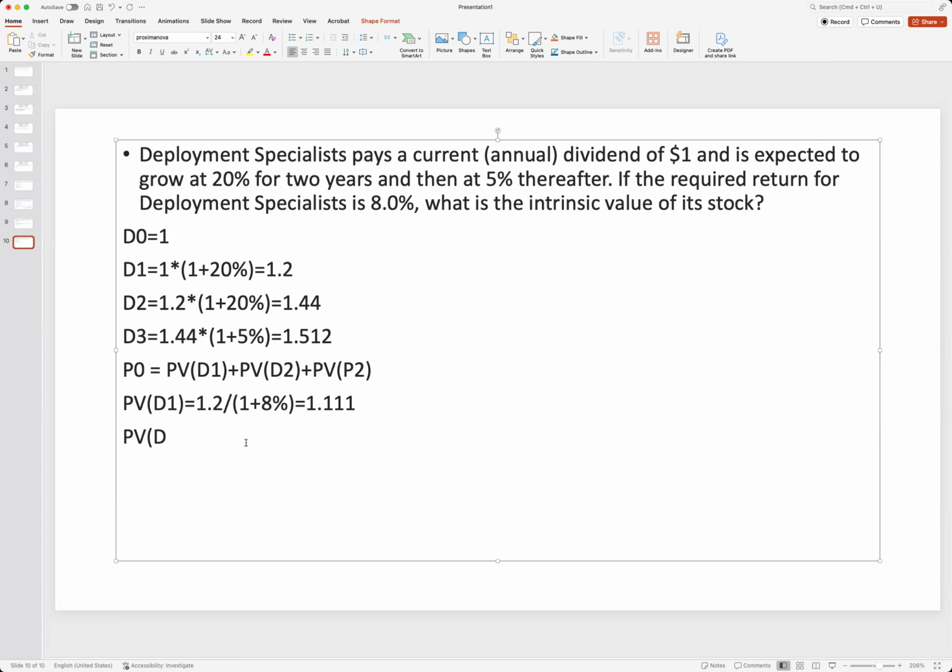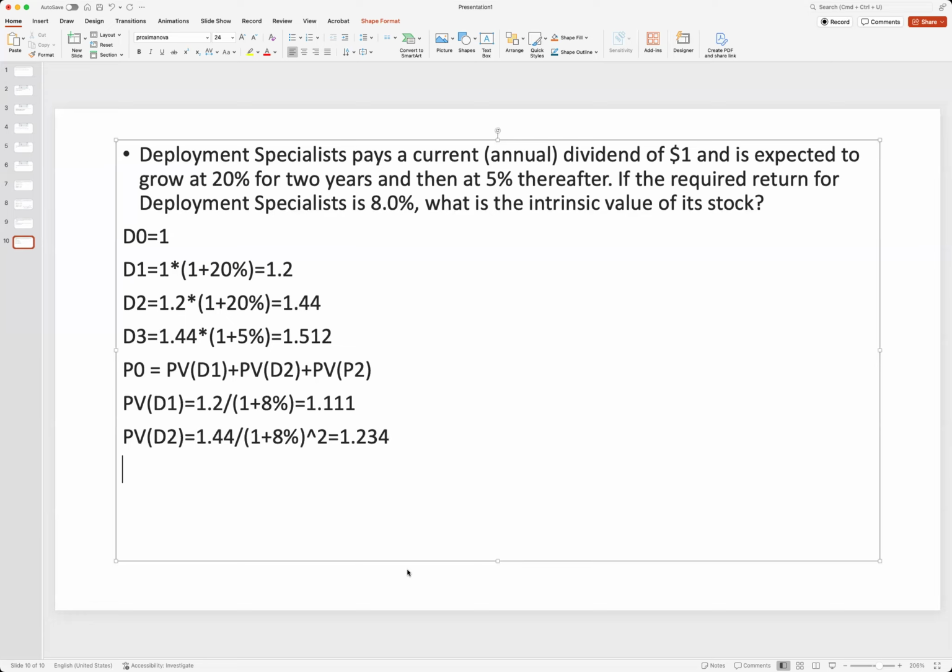The present value of D2 is, take the cash flow, 1.44 divided by 1 plus 8%. You compound it. It's earned 2 years later, so you got to square it, compound it twice. I get 1.234.